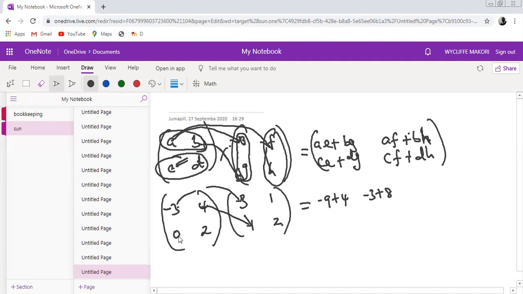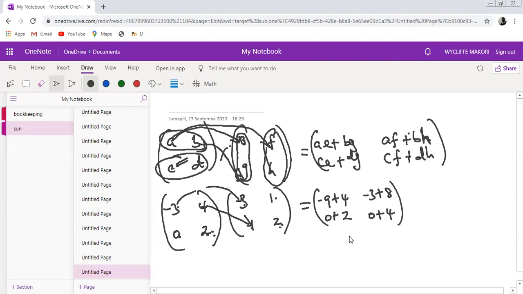Then we come to this second row. This one will multiply the topmost, this second will multiply this one. So it's going to be 0 times 3, which is 0, plus 2 times 1, which is 2. And then this one to multiply this one to multiply this. So it's going to be 0 times 1, which is 0, plus 2 times 2, which is actually 4, like that.